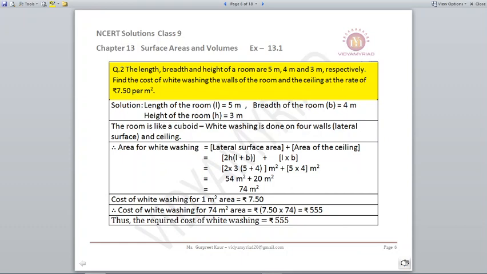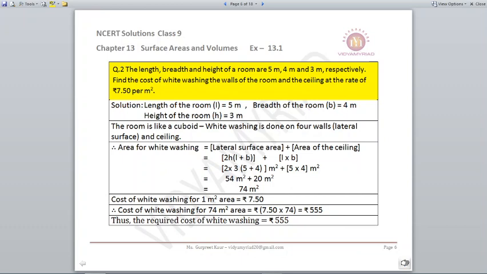Now they are telling to whitewash. Now the room is in the form of a cuboid. When you have to whitewash, what you will do? You will do CSA plus the area of the ceiling. Put the formula of a cuboid, that is 2h into (L plus B) plus L into B. Put the values there. All the units are the same. You get 74 meter square as your area.